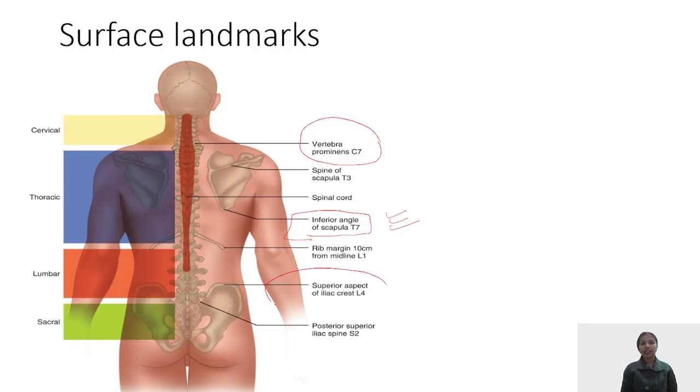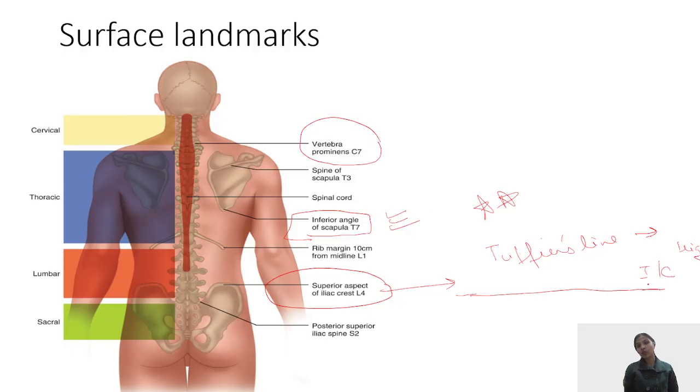Then the iliac crest. We have the intercrestal line or the Tuffier's line. Extremely important to know. The Tuffier's line joins the two highest points on the iliac crest, and this line goes through the body of L4.